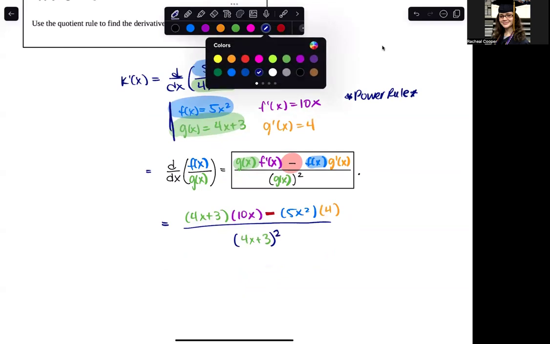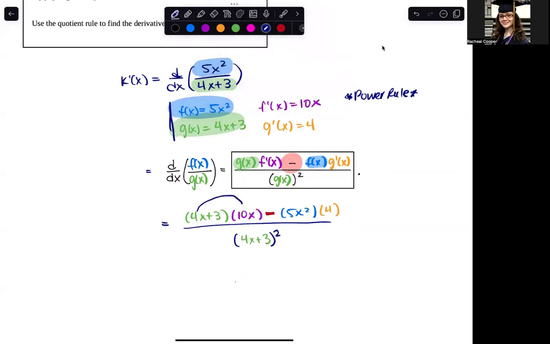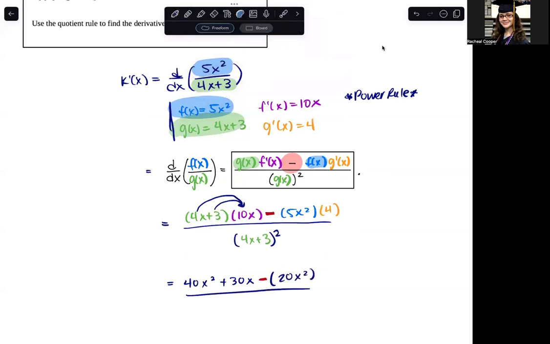Now, simplify the numerator. 4x times 10x, 3 times 10x. That's 40x squared plus 30x. And then I need to subtract the expression 5x squared times 4. And again, divide that all by the square of the green function.